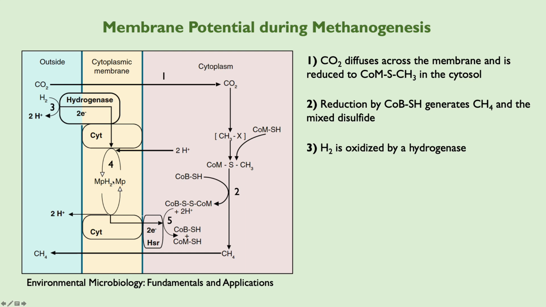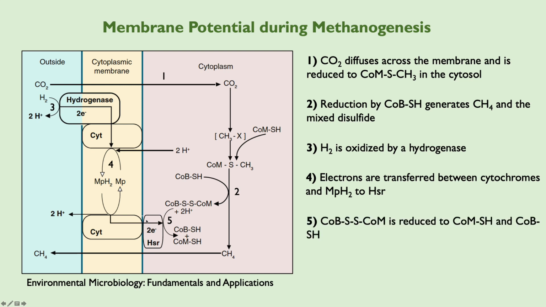So electrons are transferred between cytochromes as well as MPH2 to the reductase here. And then this reductase functions to reduce the heterodisulfide, or the mixed disulfide, to regenerate coenzyme B and coenzyme M.